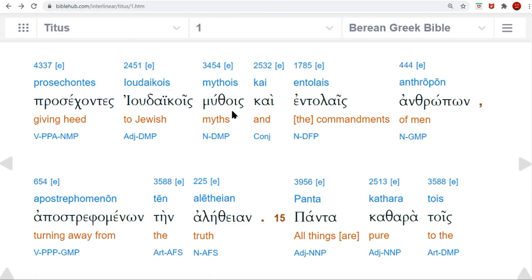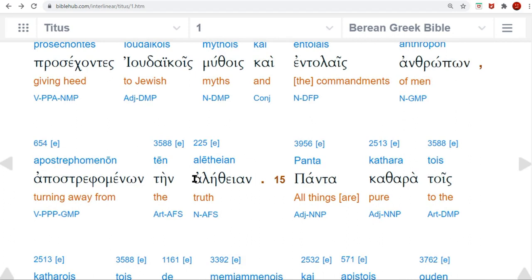Mythois and entolais, on thereupon. Apostrephomenon, coming on, then alētheian. So this truth, this is where your name Althea comes from. It means truth, but it's coming from this Allah, then God, on.